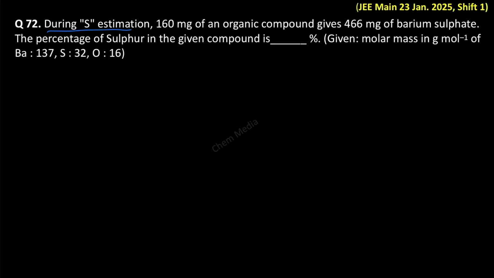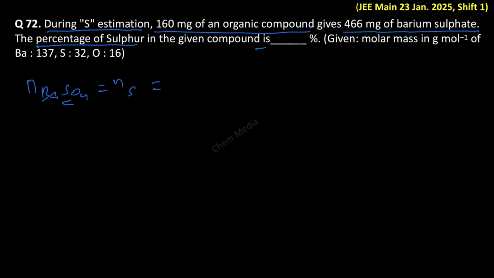During sulfur estimation, 160 milligram of an organic compound gives 466 milligram of barium sulfate. The percentage of sulfur in the given compound is how much? We know that the number of moles of barium sulfate is equal to the number of moles of sulfur, because we have only one sulfur atom in barium sulfate.